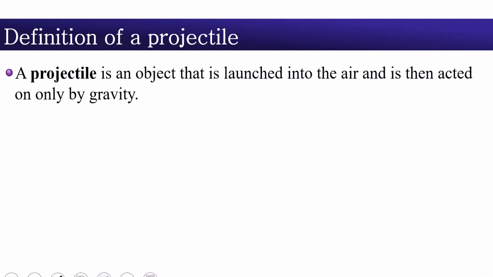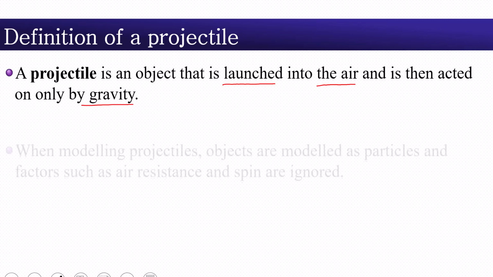First of all, a projectile is an object that is launched into the air and is then acted on only by gravity. So whenever you launch any object into the air, and the object is acted on by gravity, we call it a projectile.